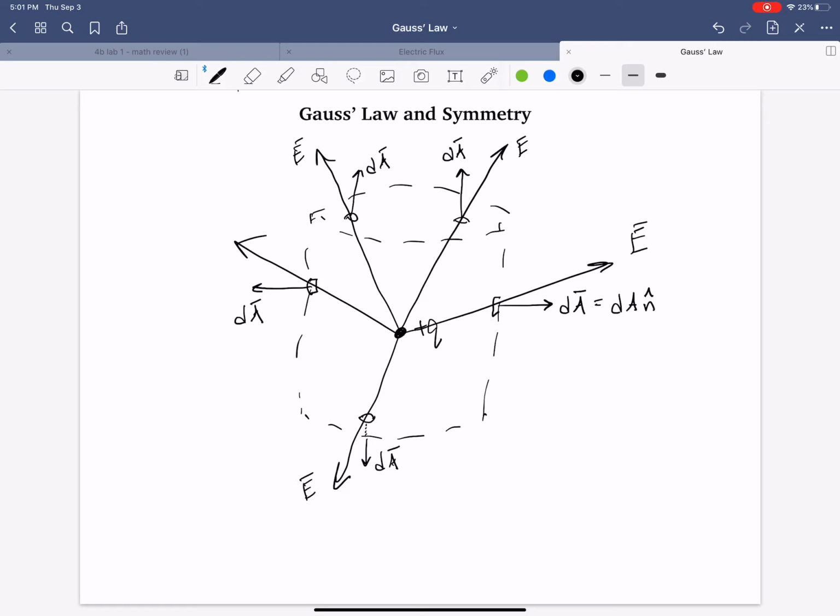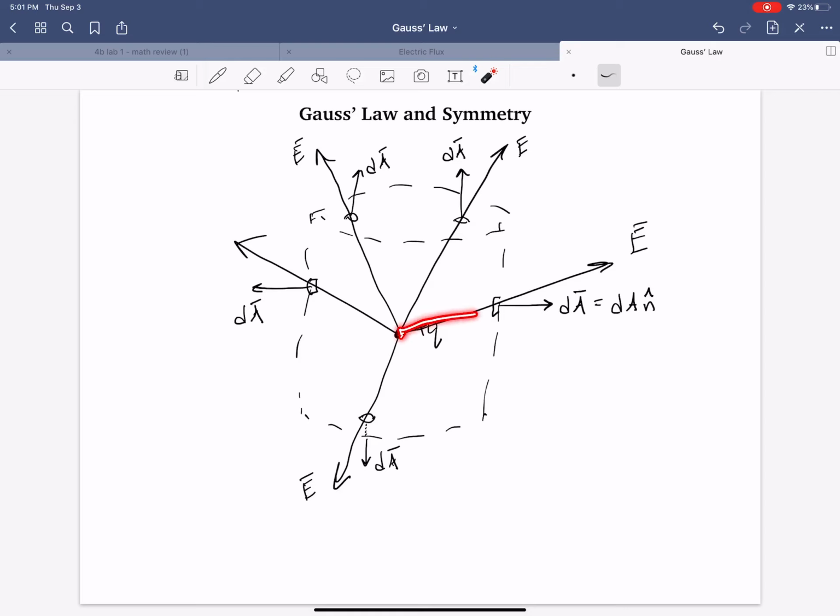So why isn't this one a good choice? Why isn't a cylinder, in this case, a good choice? Well, let's take a look at the distance in between the charge and where the electric field pokes through this surface.